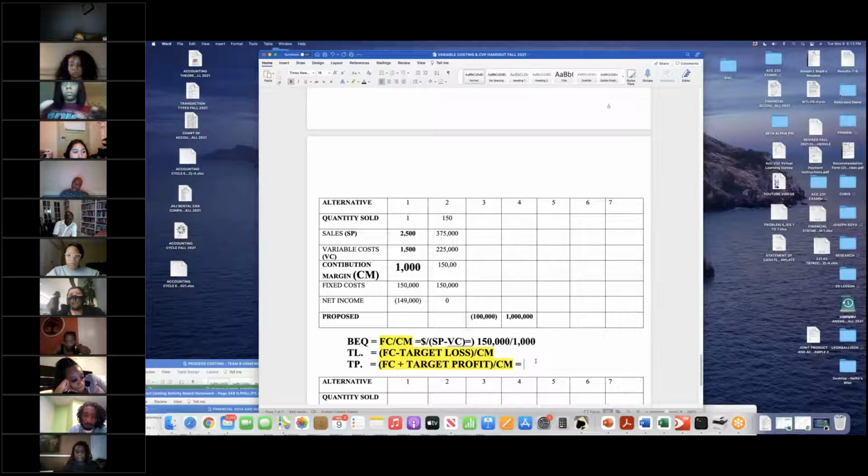To make $1 million, we got to sell enough that we're gonna cover the 150,000, plus the $1 million. So we got to sell enough to cover 150,000. Then we got to sell enough to get the $1 million.